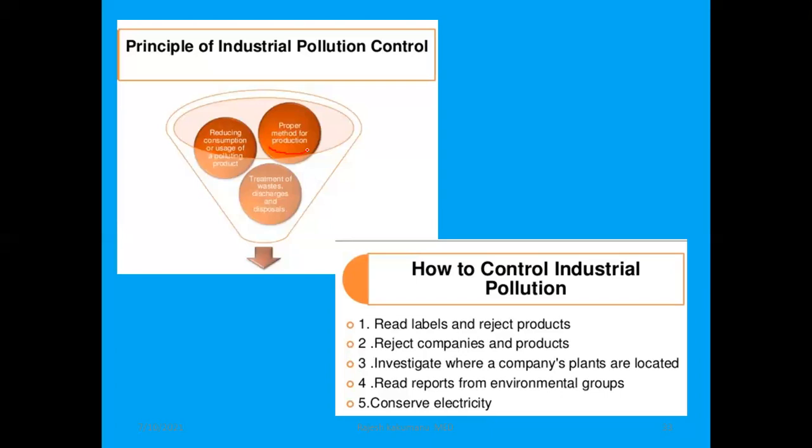Next, how to control industrial pollution. When the question comes, we have to think about the answer. First one is read labels and reject products. We have to see the labels.